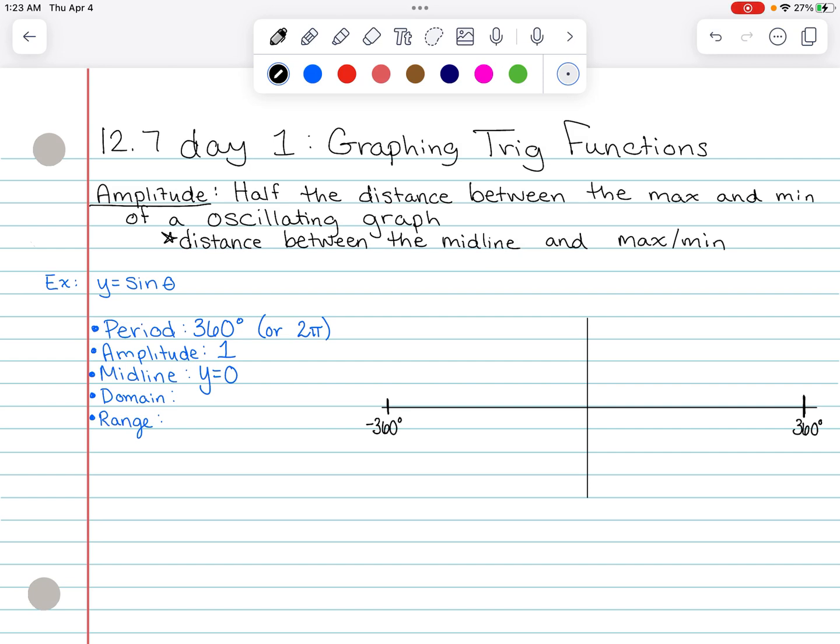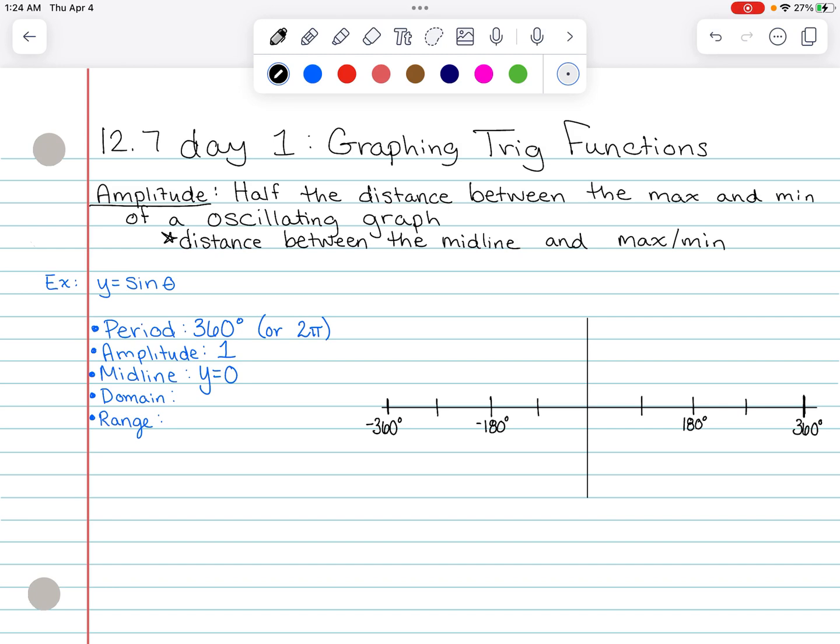I put a full period on the left side, so -360 goes here, and I break each half into 4 equal parts. Now, you don't have to do this, but I find that it's the easiest way to approach this. I have to label at least every other one of those because 4 tick marks without any labels becomes a little much. If a full period's 360, that makes every other one of these 180 degrees.